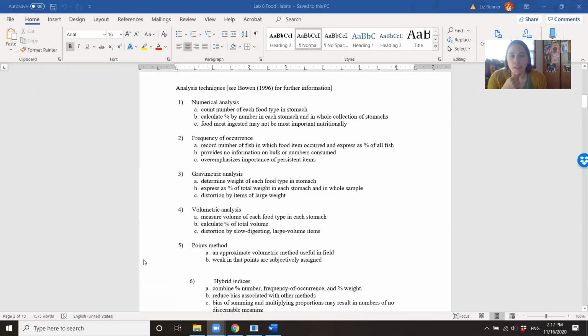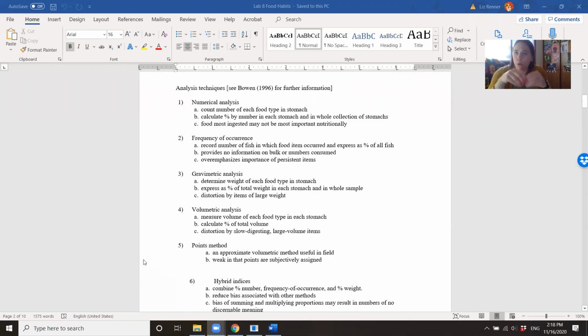An example of this is where you could be doing gastric lavage, which is where you pump air into a fish's stomach using a tube, and it causes the fish to vomit up whatever they ate that morning. If you don't have a lot of time or preservative to take those samples back to the lab, you can perform gastric lavage, and then on that tray, you could have little points or grids or squares to give you a representation of areal volume.